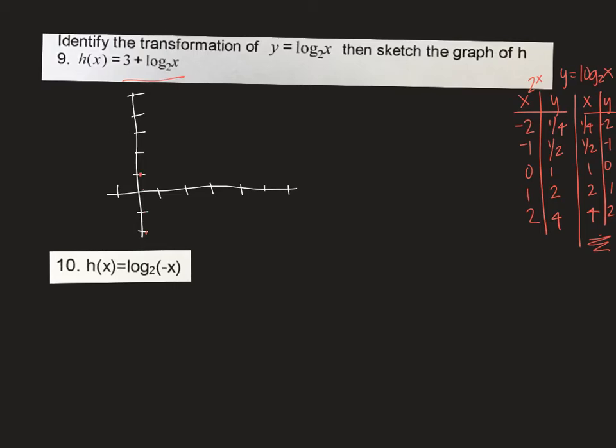And then 1/2, -1, we move up 3 units, and it becomes 1/2, positive 2. 1, 0, up 3 units, becomes 1, 3. 2, 1, up 3 units, becomes 2, 4. And 4, 2, up 3 units, becomes 4, 5. So the shape's not going to change. All that's changing is we're moving it up 3 units.